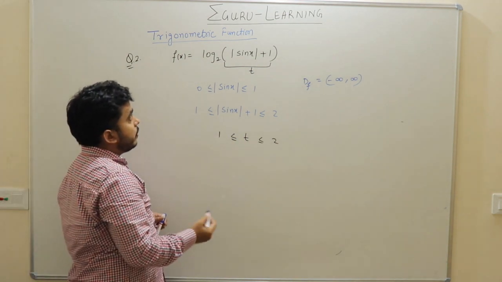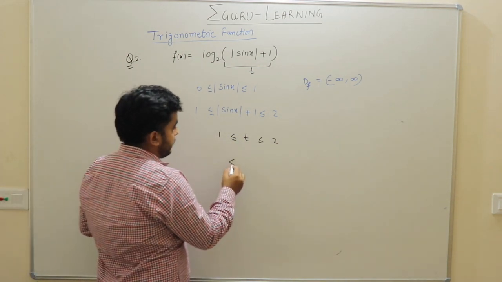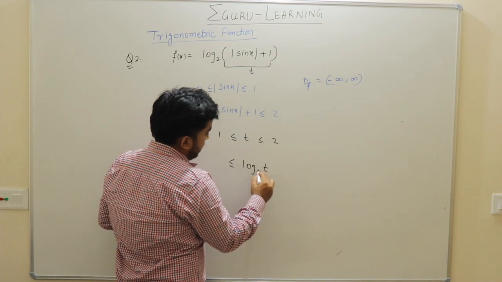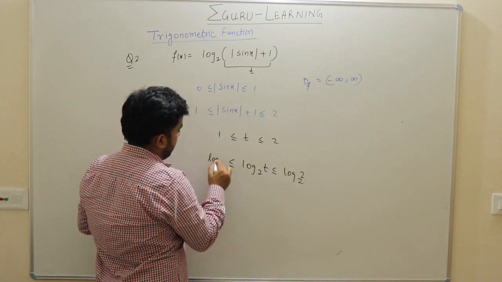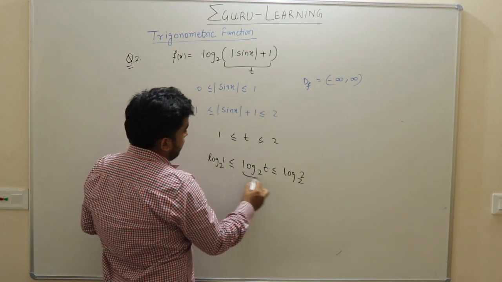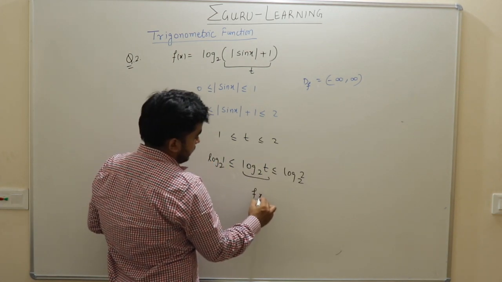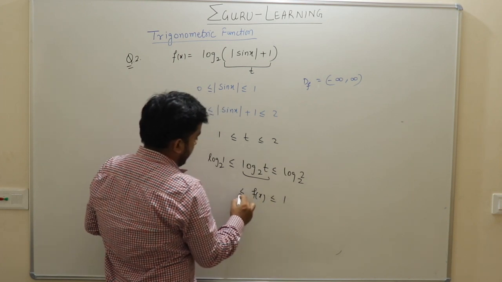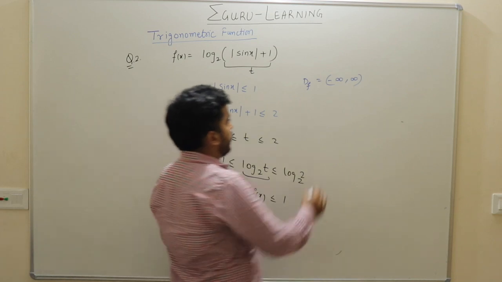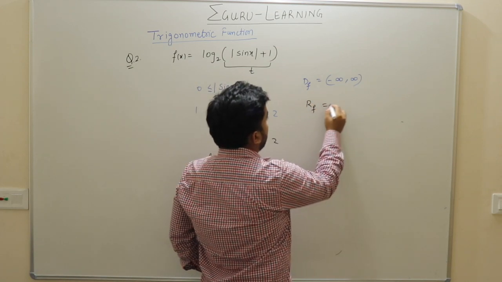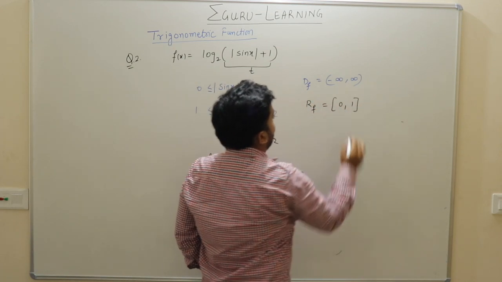Now taking logarithm base 2 on all sides, as logarithm base 2 is an increasing function, hence this is my f(x). So f(x) will take values from 0 to 1. That means the range of the function will be from 0 to 1.